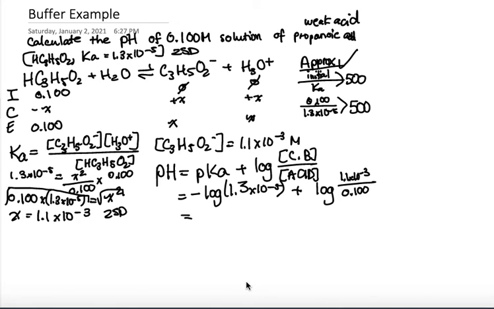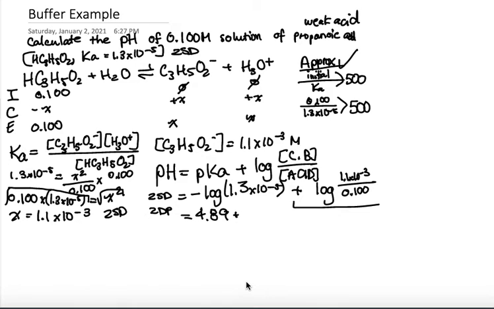Now we are going to do that calculation. So we have negative log 1.3 e negative 5. We get 4.89. So here we had two significant digits. When we put it into the logarithm, we get 2 decimal places. Now we're going to add it to the value of this right here.